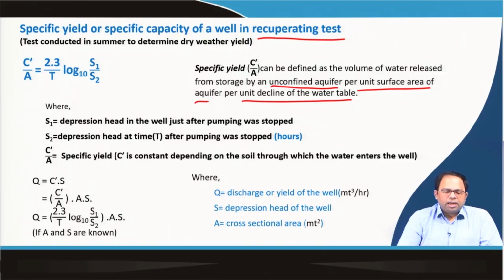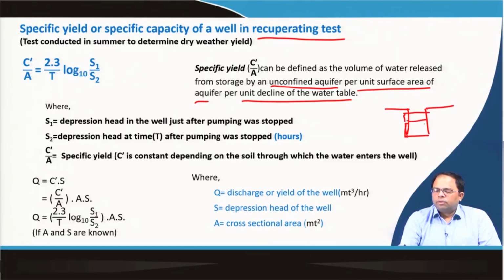So as you can understand, if this is specific yield, then if I multiply by A, this would be the area of the surface of the aquifer through which water enters into the well. In case of an open well, the surroundings have rings, and you cannot draw water from the surroundings.